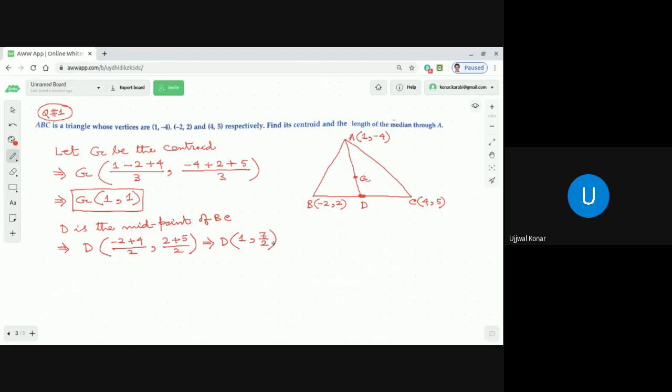So now all you need to find is the value of AD. That is what has been asked in the second part of the question: the length of the median through A, that is AD.